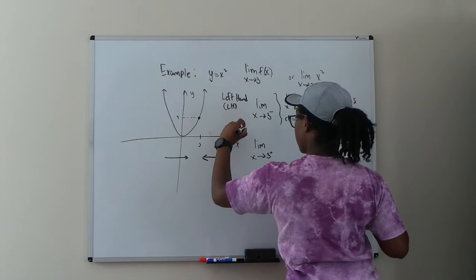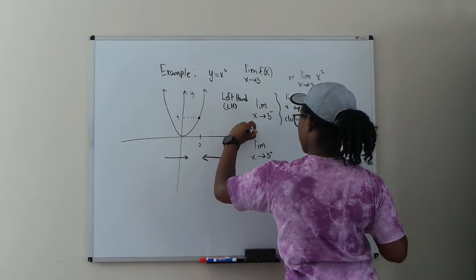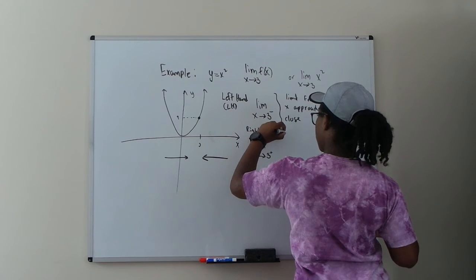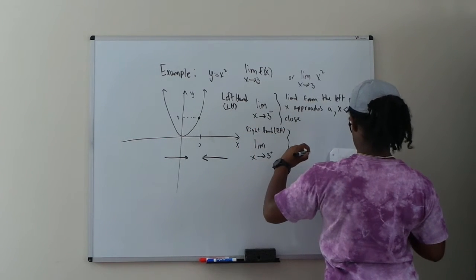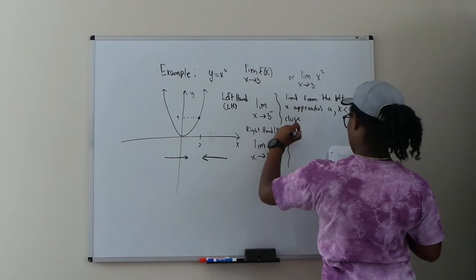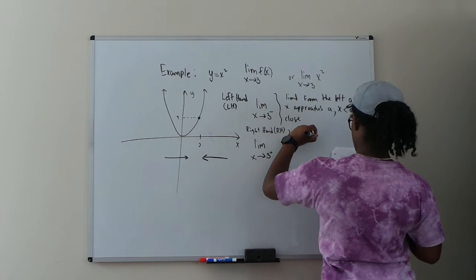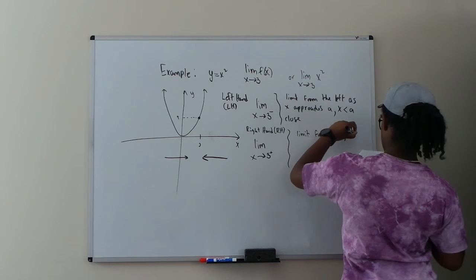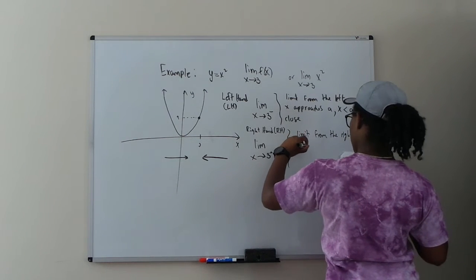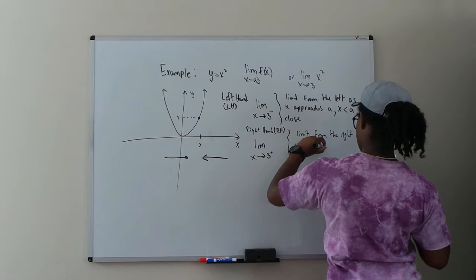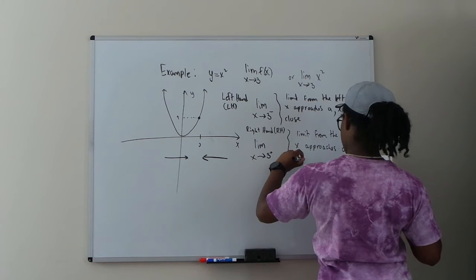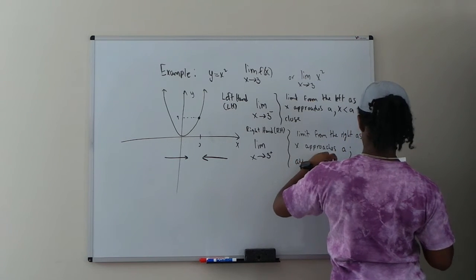And then similarly, this is the right hand, abbreviated with the RH, and it is the limit from the right as x approaches a, all x greater than, close to a.